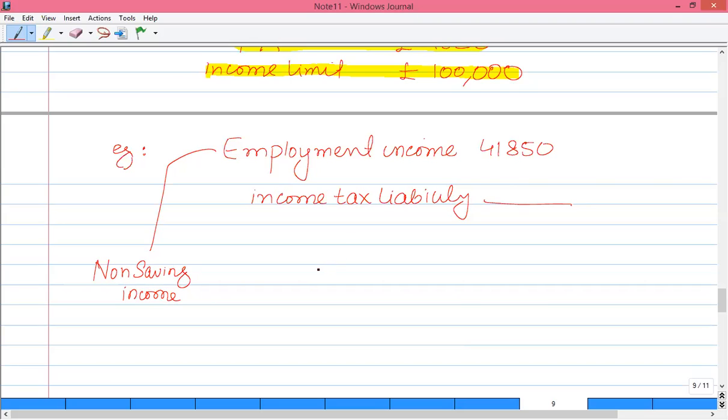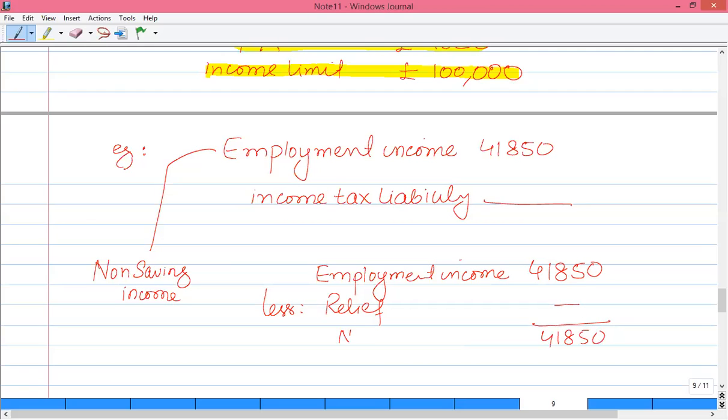Just find out the type of income, that is employment income. We'll see how we'll apply tax rates. So employment income is 41,850. There is no relief, so we'll deduct this, and 41,850 becomes our net income.